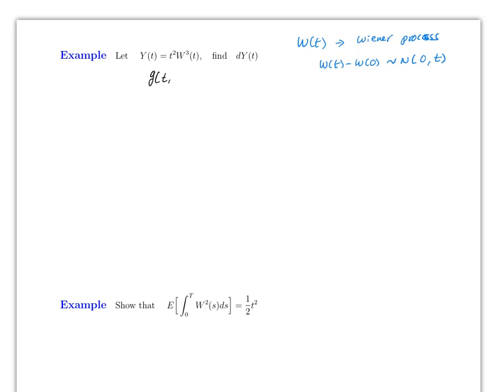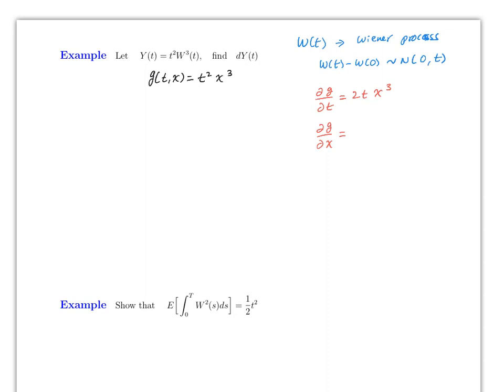So here g(t, x) is just t squared x cubed. We need the partial derivative of g with respect to t. That will give you 2t x cubed. Then we need the partial derivative of g with respect to x.